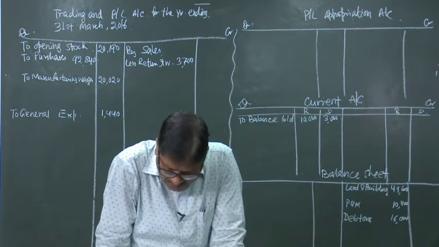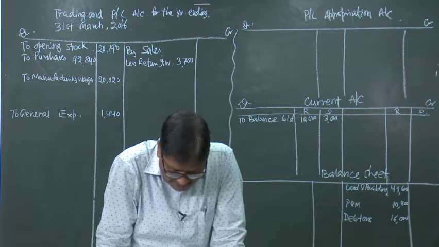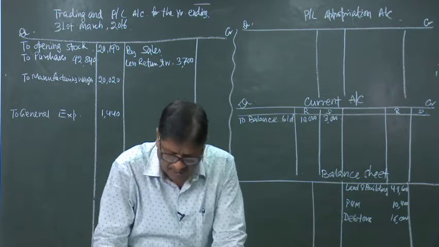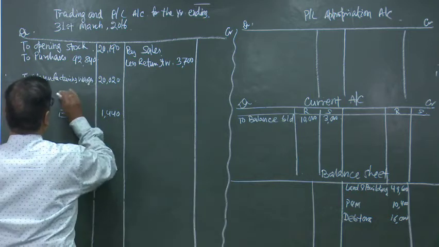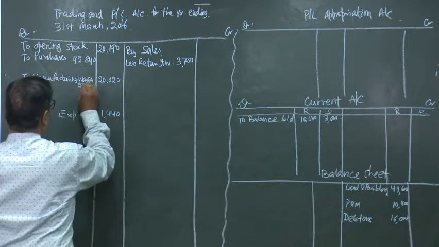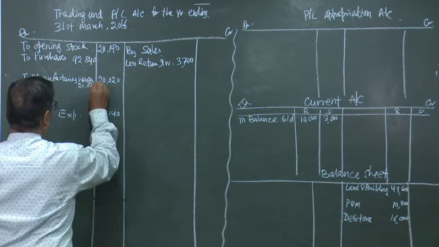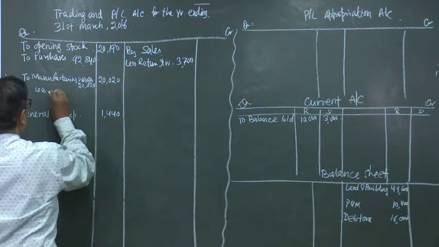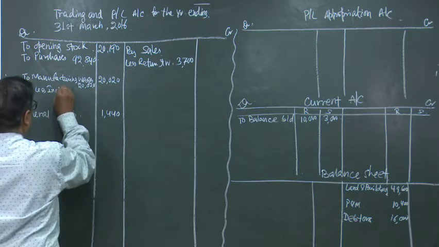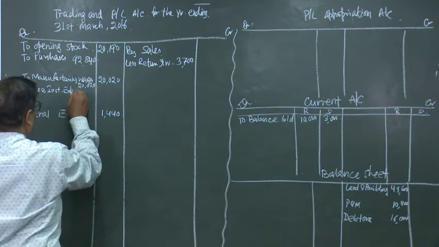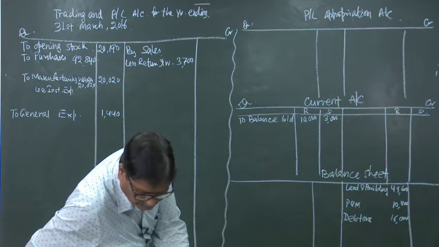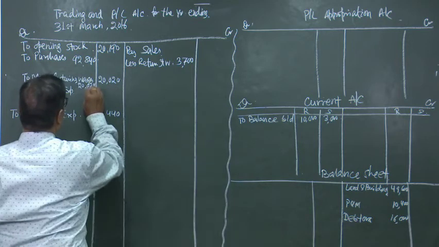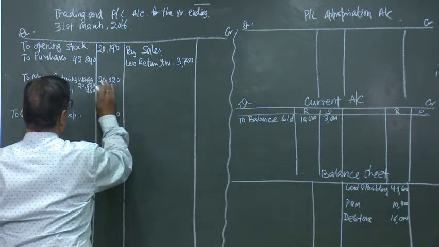Manufacturing wages include 260 pertaining to installation charges of a machinery. So, what we have to do is this 260 will have to be deducted from this. So, manufacturing wages 20,020 less installation expenses. Installation expenses is 260, it is given in the adjustment, we have to take it into consideration.